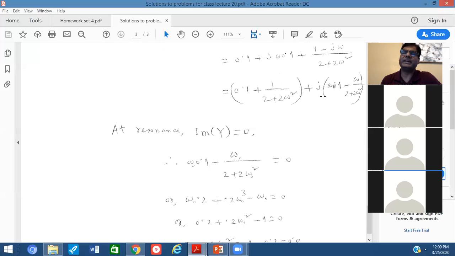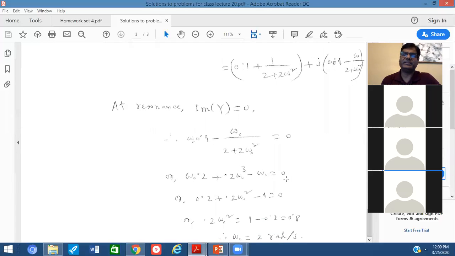So the imaginary part means omega 0.1 minus omega over 2 plus 2 omega squared. I am making that equal to 0. Then in the expression, I have substituted omega by omega naught, because this is the resonance condition. From the resonance condition, your goal is just to find out the omega naught. So finally we got the last line, omega naught 2 radian per second.